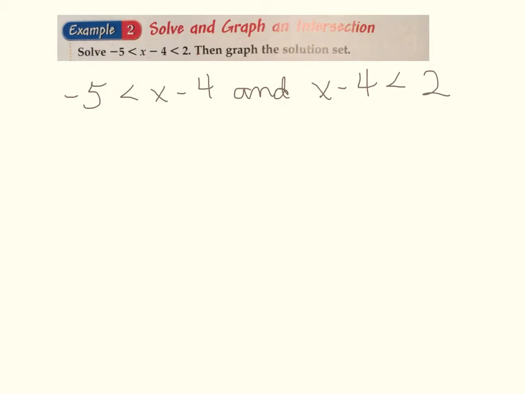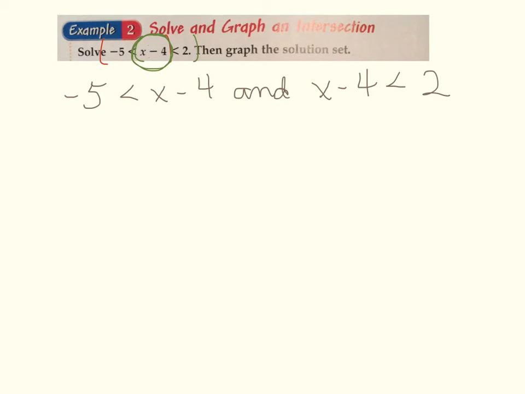Instead, you want to think of it as everything from -5 all the way to x minus 4 for your first one, and then everything from x minus 4 to the 2 for your second one. So make sure you don't break up this middle part. Don't break up the x minus 4. Keep that together when you work these.